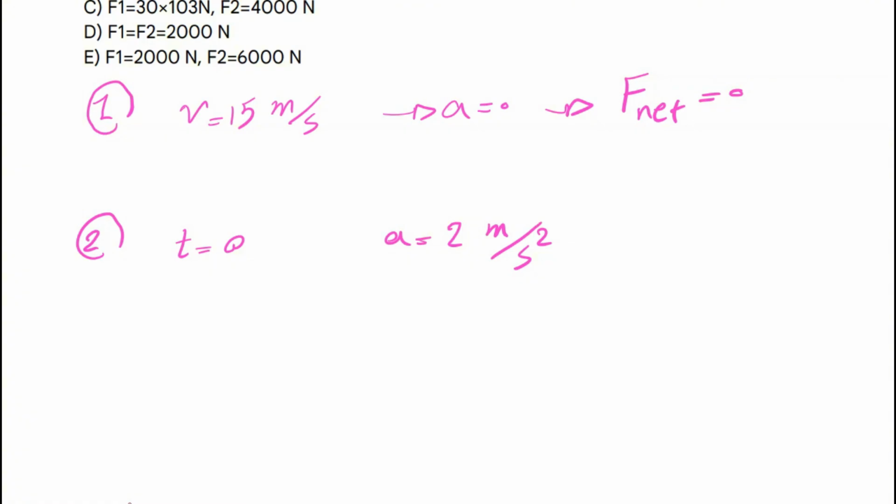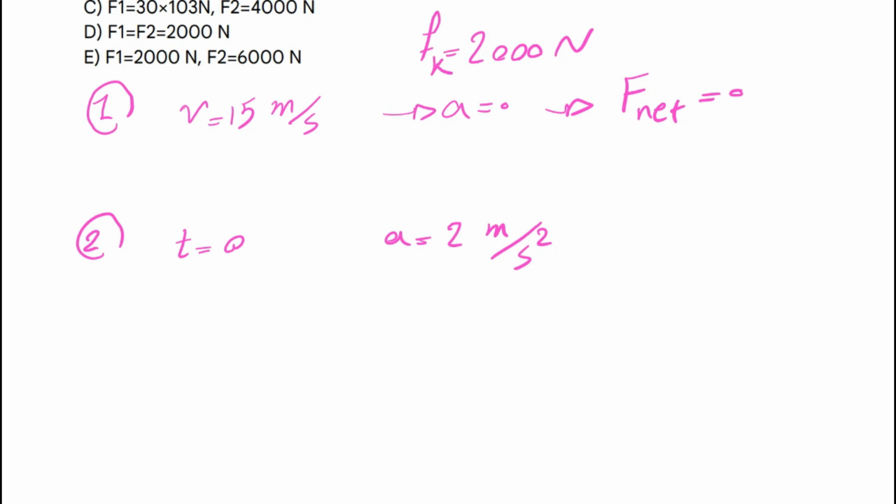Friction force is constant at 2000, and since the car is moving, we assume a kinetic friction opposing the motion.